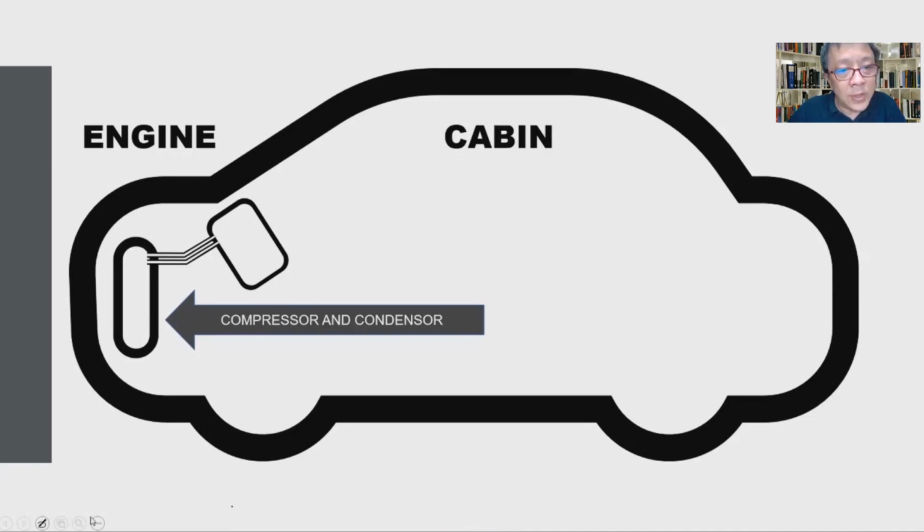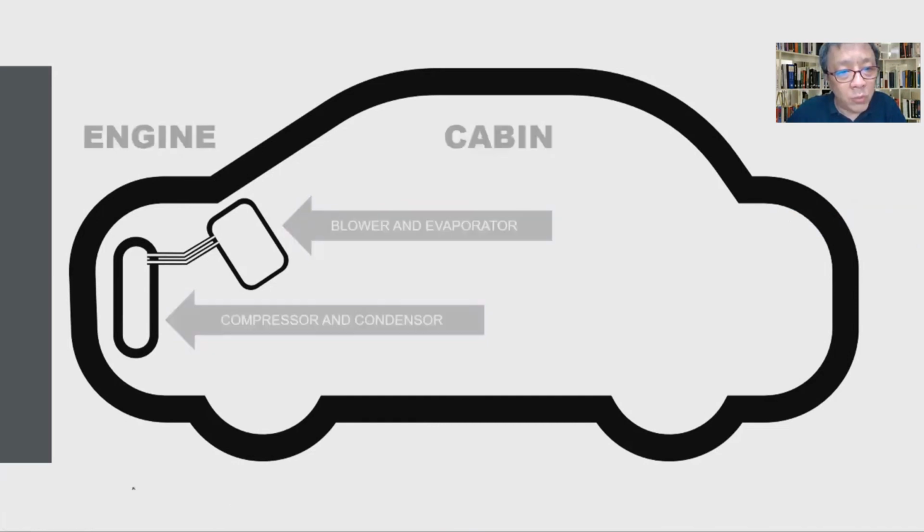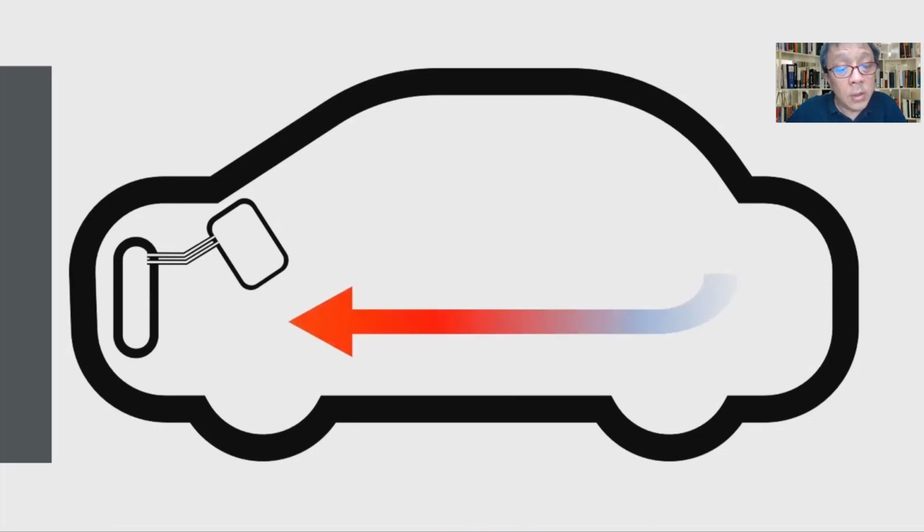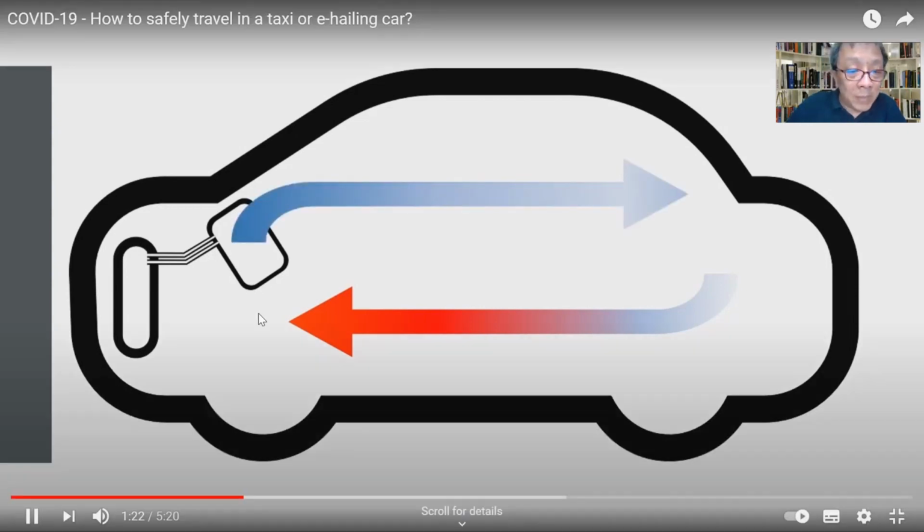Then the blower and evaporator are within your room, within your cabin. The blower unit will suck air within the cabin. So there are two units. There's one unit in your engine compartment.